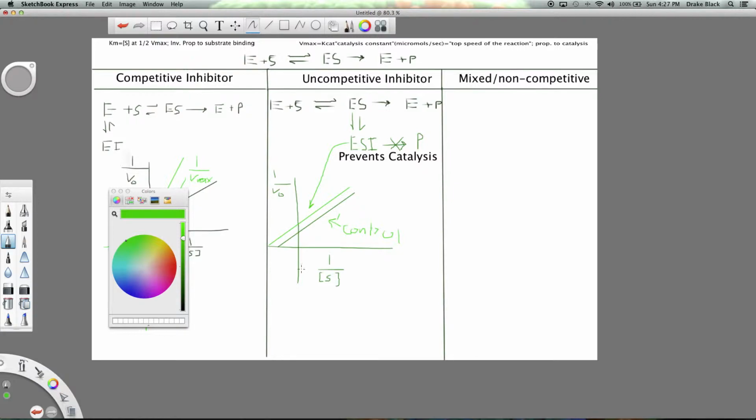So what happens here is the Vmax of the reaction goes down, and the Km value goes down. So I know it's kind of counterintuitive. If the graph is shifted up, then how are these values going down?